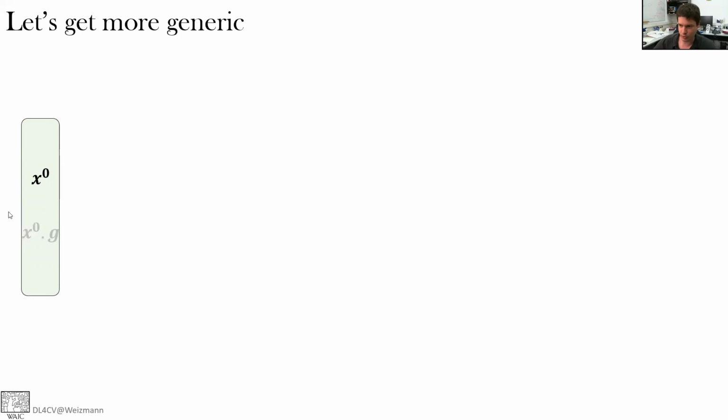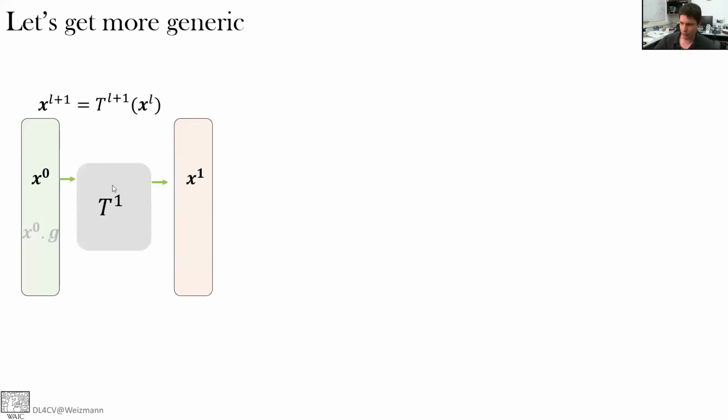Each such element has its forward value, which we annotate without anything, and then G says its gradient. And we want to be able to have any transformation, just a general T, that doesn't have to be linear, and to be able to apply it to this X. So we apply this and we get the X value of the next layer.